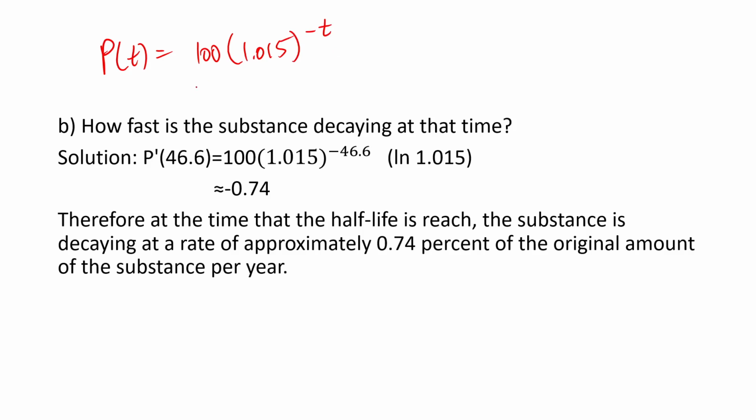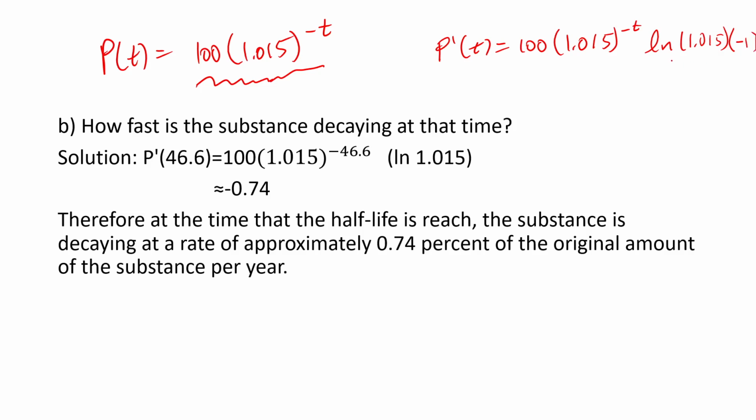And how do we do it? To determine that derivative, we're going to say that we have P prime of t equaling 100 times 1.015 to the exponent negative t times the ln of 1.015 times the derivative of the exponent, which will be negative 1.